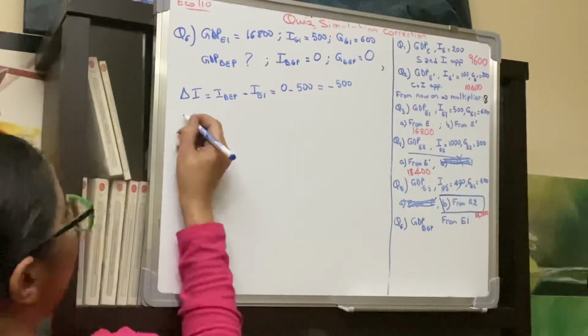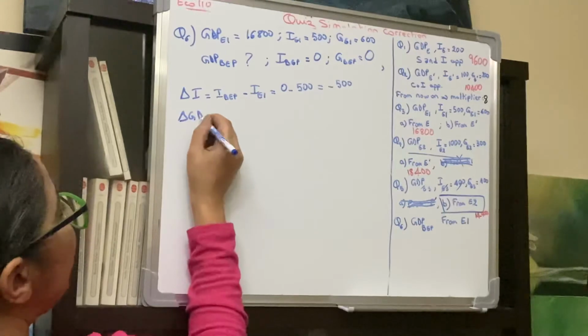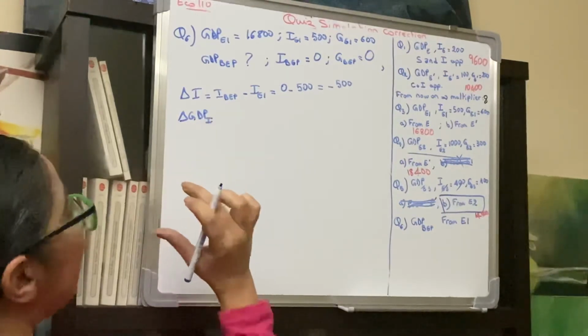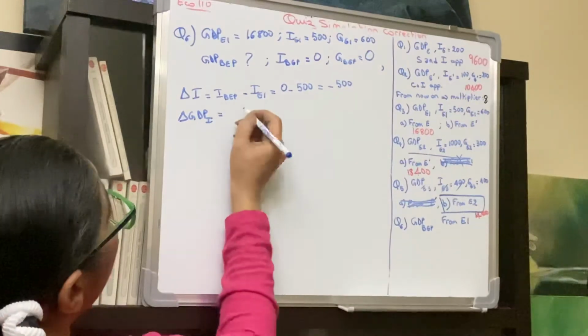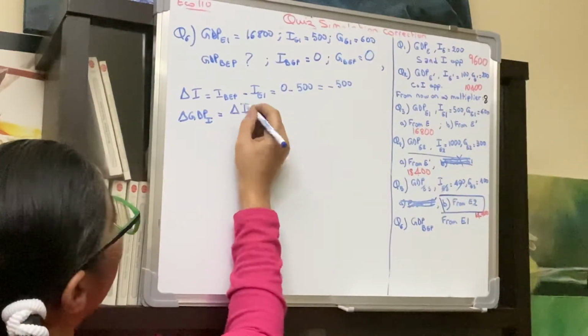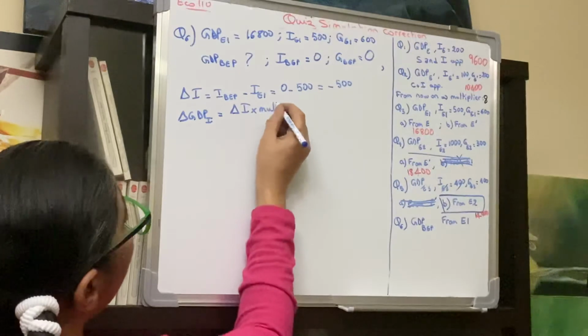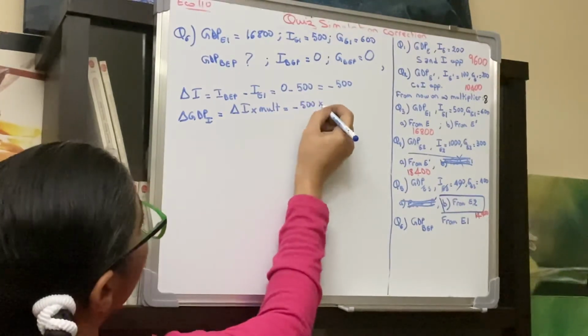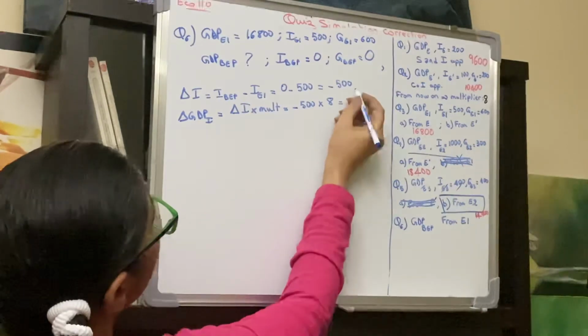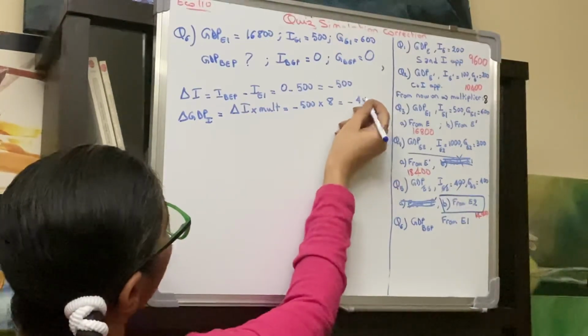So the change in GDP due to I is going to be a decrease, a negative number. So it's delta I times the multiplier, which is negative 500 times 8, which is negative 4,000.